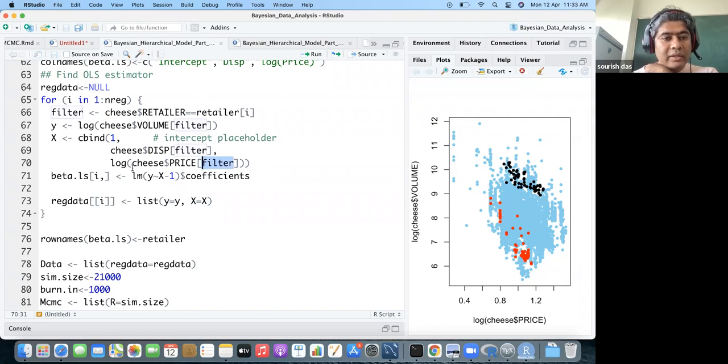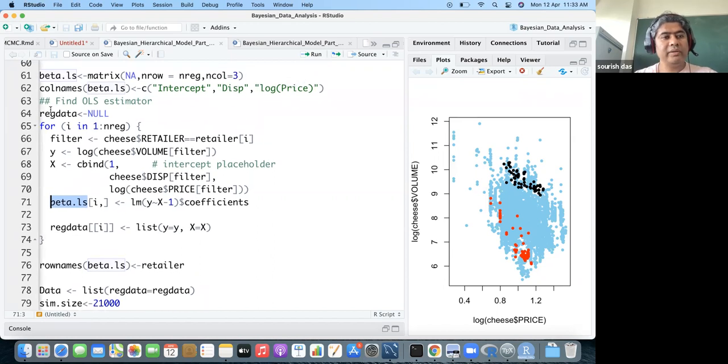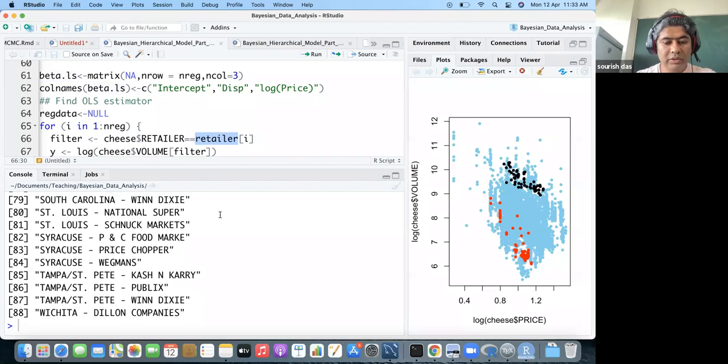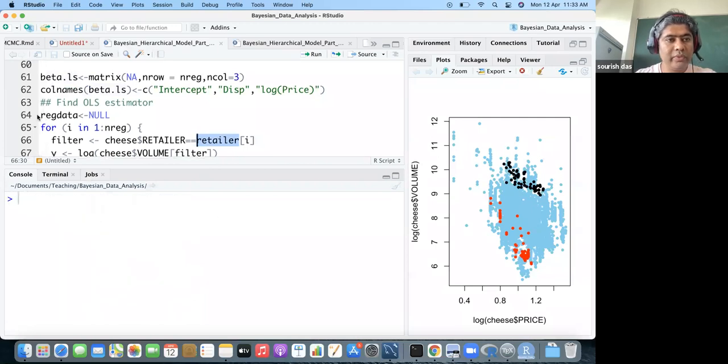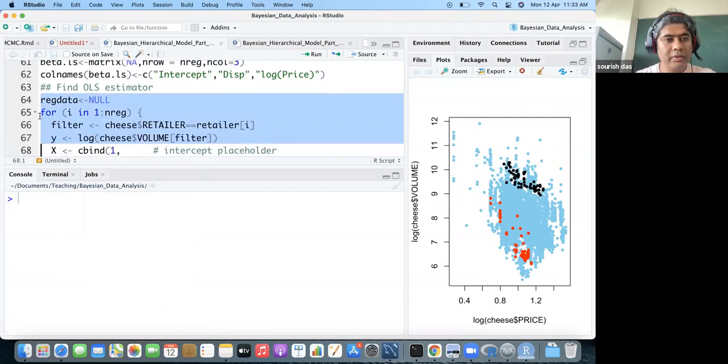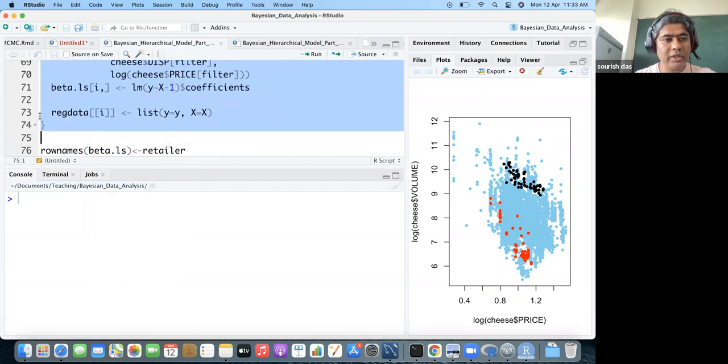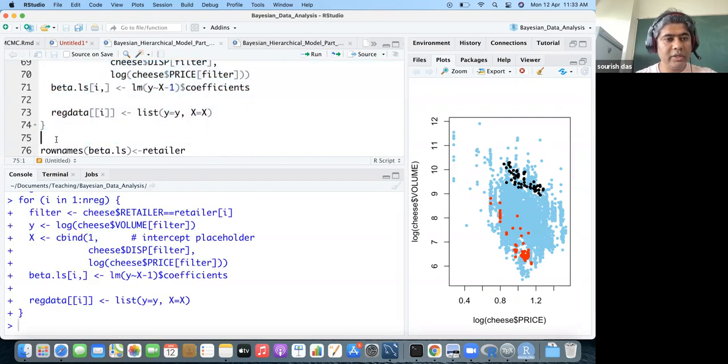And then given y and x, we fit a simple linear regression model using the OLS method. We extract the coefficients and put them into the ith row of the matrix. Okay. So this is the idea. Let us do that. It's done.